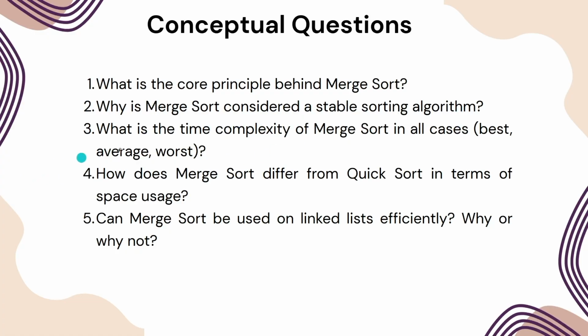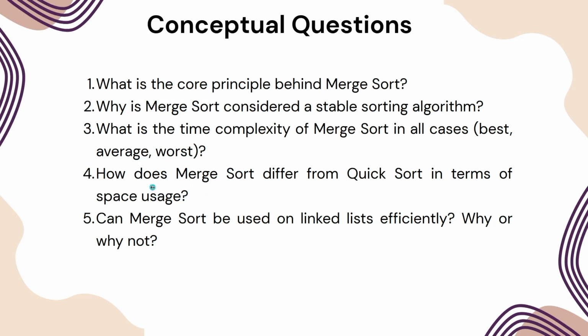Merge sort handles this very well, so we say that merge sort is the best example of a stable sorting algorithm. And what is the time complexity of merge sort in all cases? We saw on the previous slide that it is order of n into log n, irrespective of the size of input. This algorithm's speciality is that it has the same complexity for best, average and worst cases.